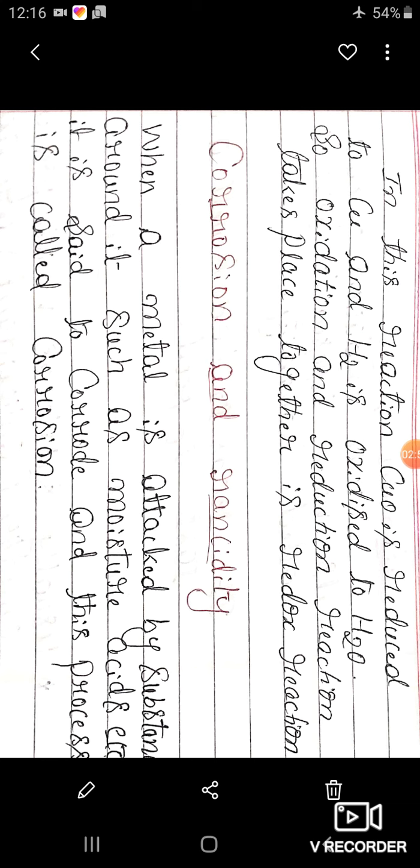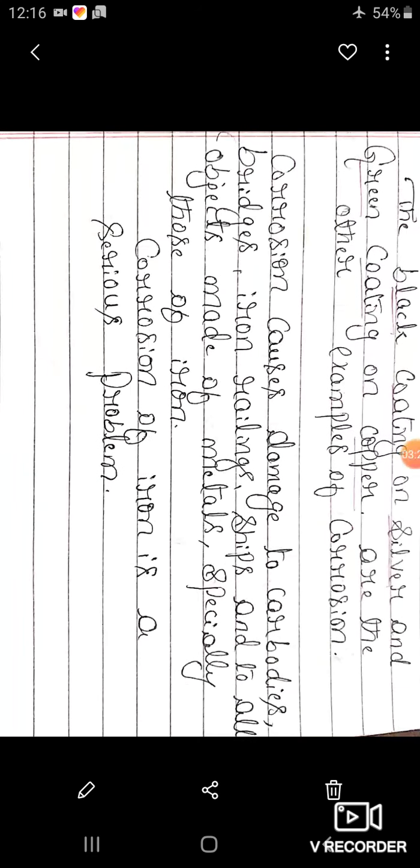Simply to say, corrosion means a metal is attacked by substances around it such as moisture or acids. So how do we know corrosion has formed?